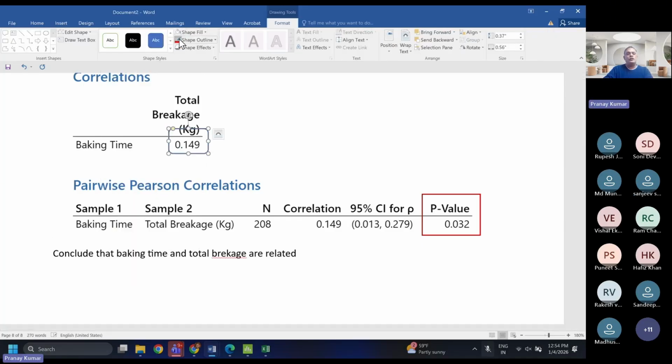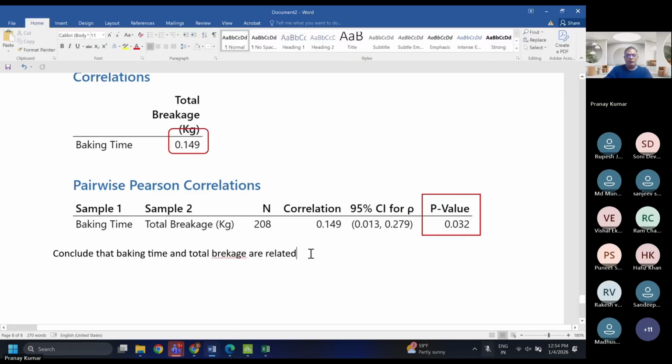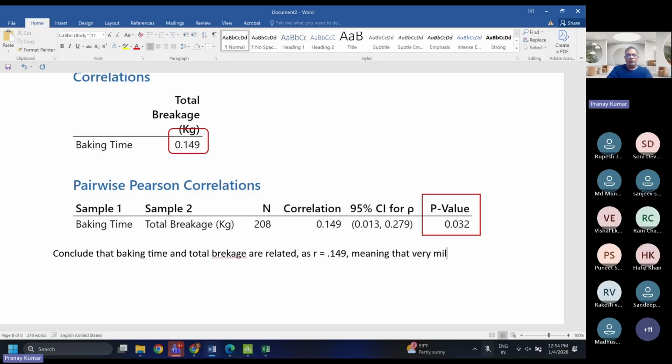This is closer to 0 than it is to 1. As R equal to 0.149 means that very mild positive correlation.